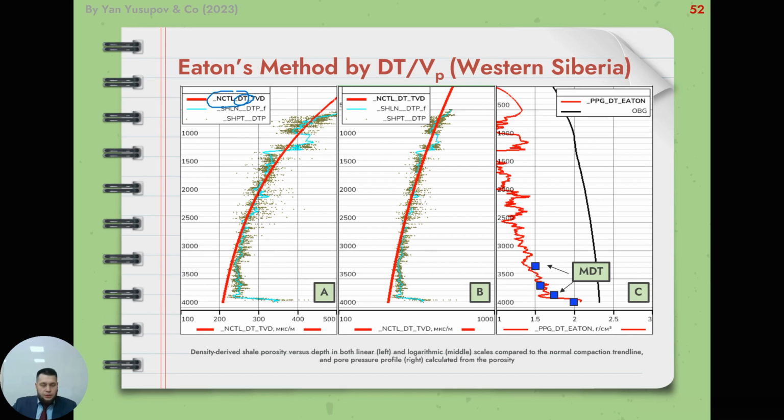Okay, and using Eaton's method for calculating the pore pressure profile. This is calibration on MDT.